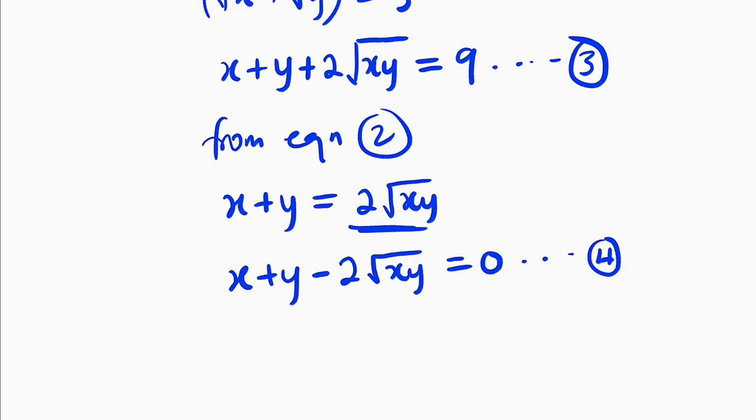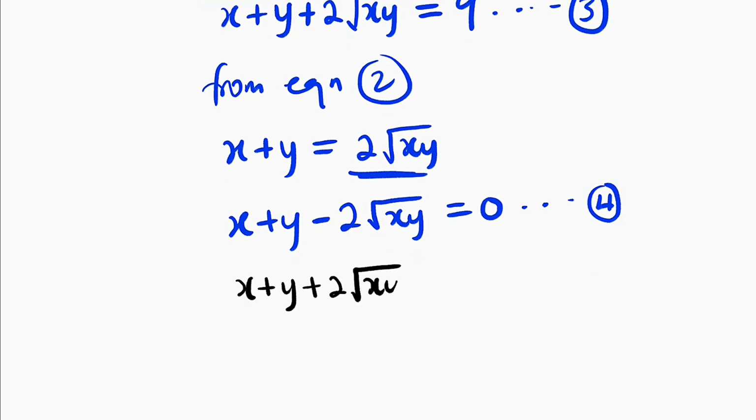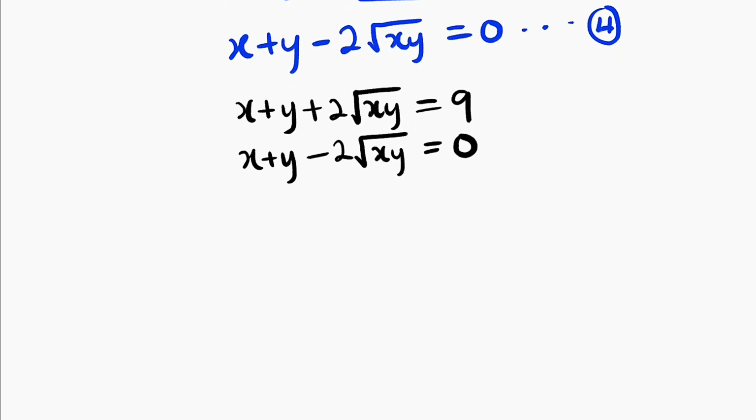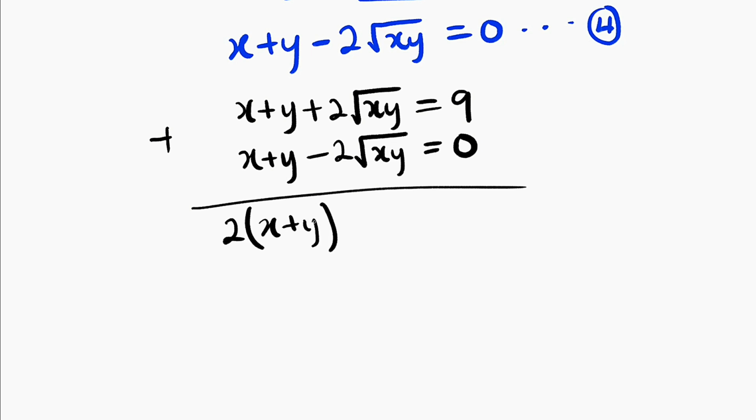So now let us join equation 3 and equation 4 together and solve them simultaneously. Let us start by adding these two equations. If you add them together, you can see here we have x plus x, which is 2x, y plus y, which is 2y. So we can write it as 2 times (x plus y).